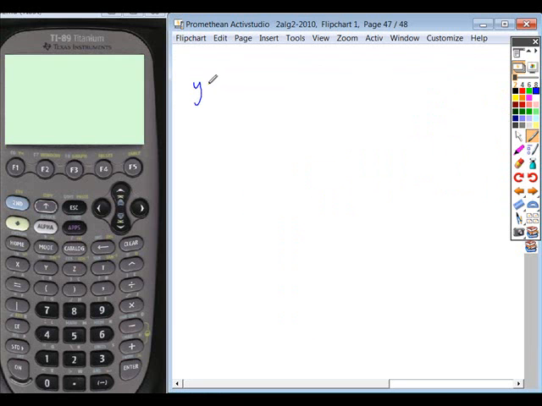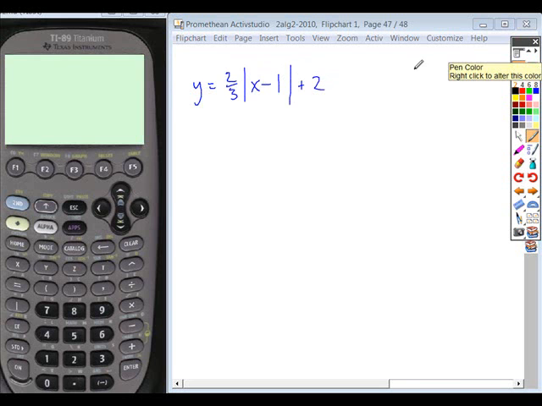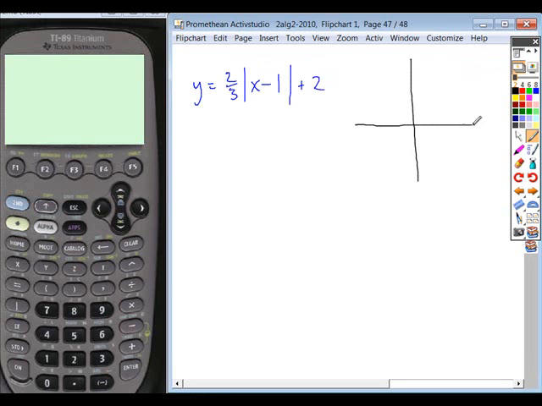Okay, so let's say we take the equation y is equal to 2/3 times the absolute value of x minus 1 plus 2. Okay, so if you're looking to sketch this graph without having to use your calculator, it winds up being really easy. What's your vertical shift? +2. So we go up 2.